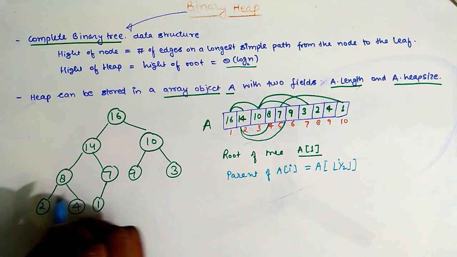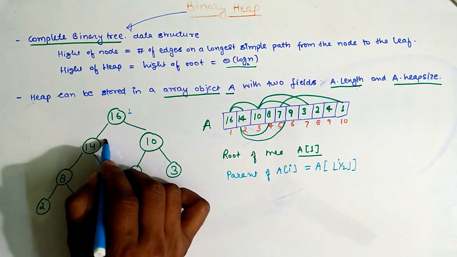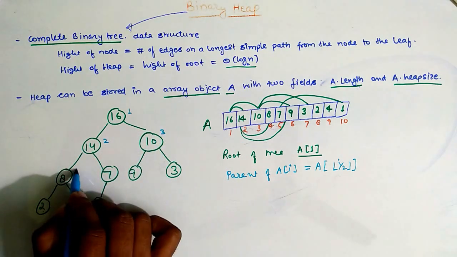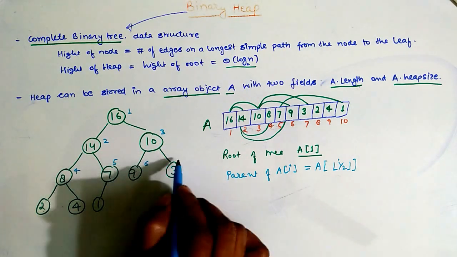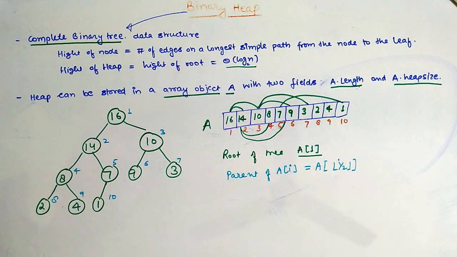Let's check. These indices are like the level order traversal of the tree, so I just write down the indices of the array here.